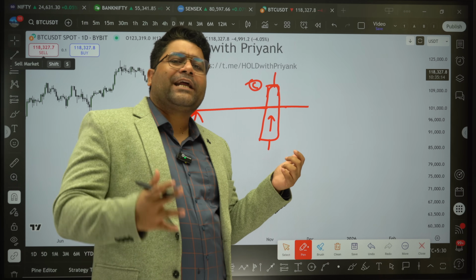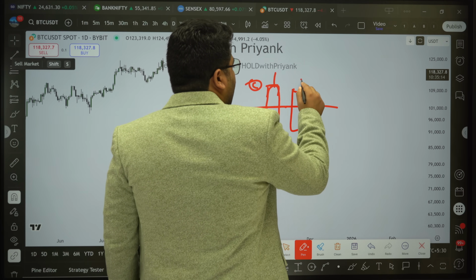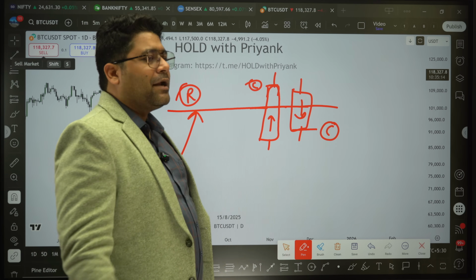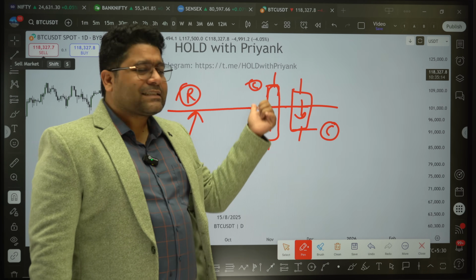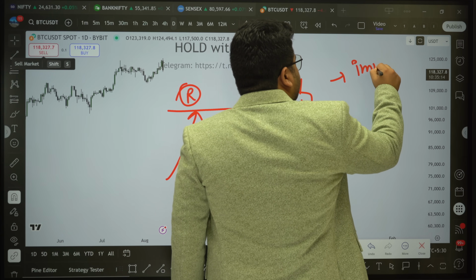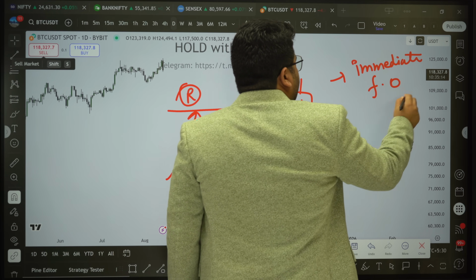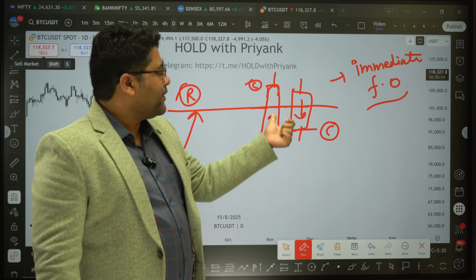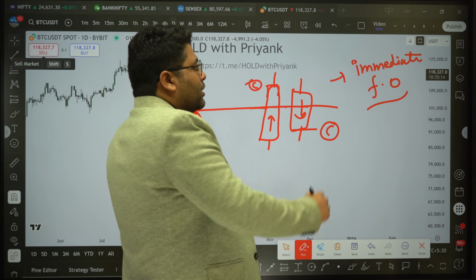Don't consider it a breakout, because the next candle may come back down again and close here, and it may become a bearish candlestick, and that usually happens. And whenever you see this kind of pattern, this is called an immediate fake out. That means the breakout candle immediately closed back below the level. So in this case, the price went up, closed above, closed back immediately, and we call it an immediate fake out.